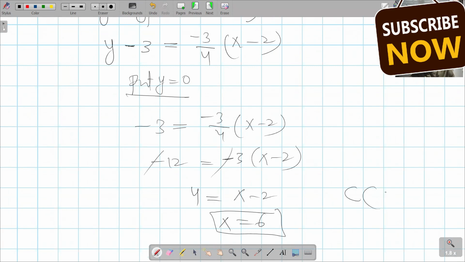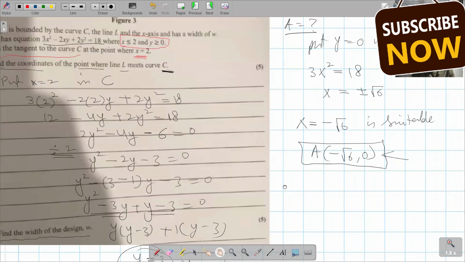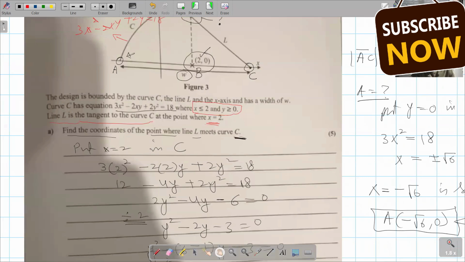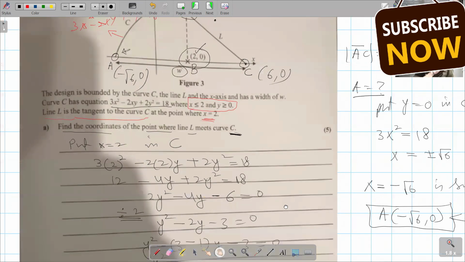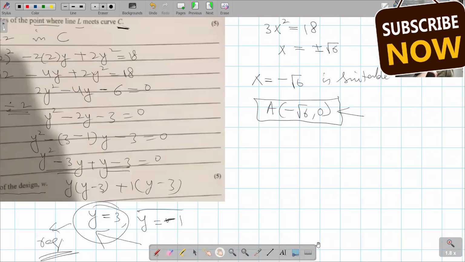So the point C is 6 comma 0. And A was negative root 6 comma 0. So you can see how much the distance is. It is 6 plus root 6.